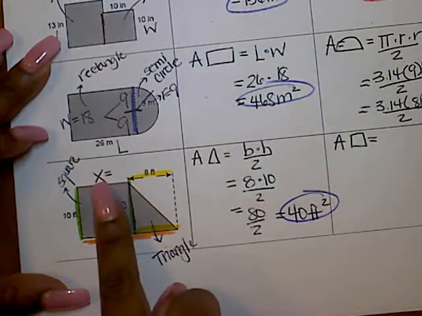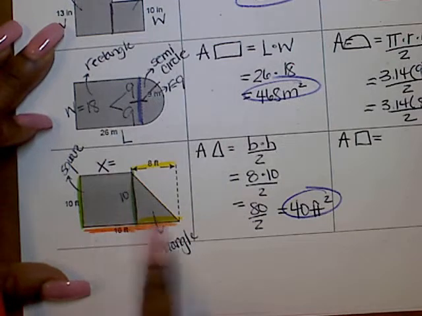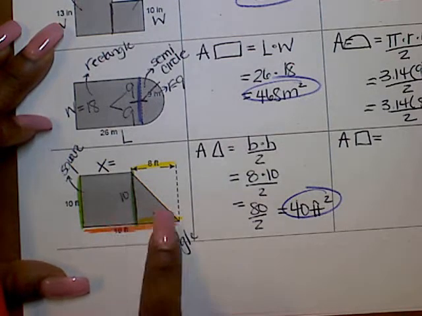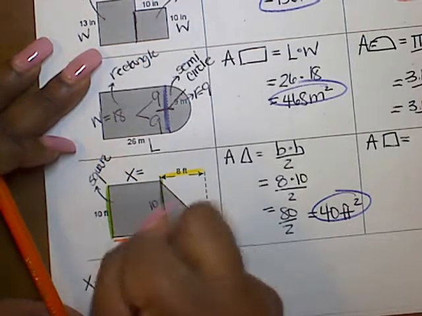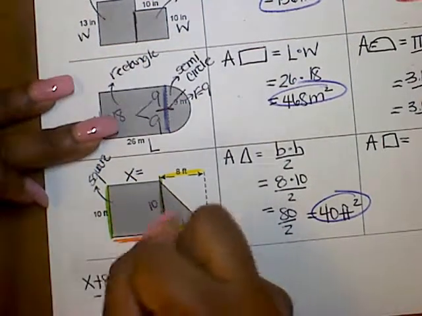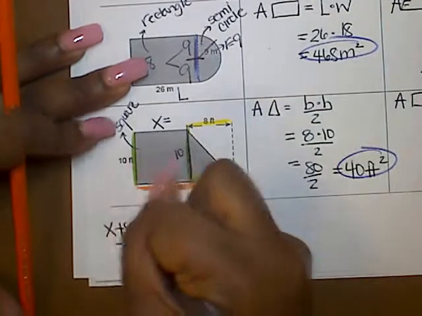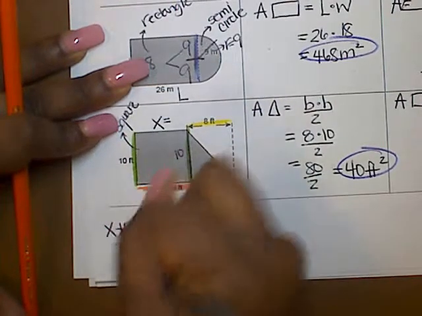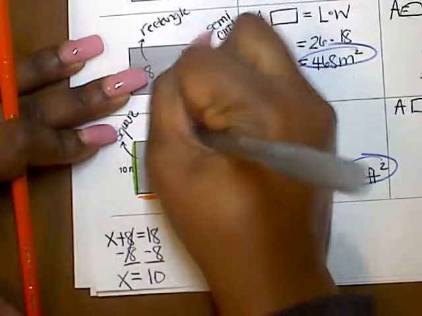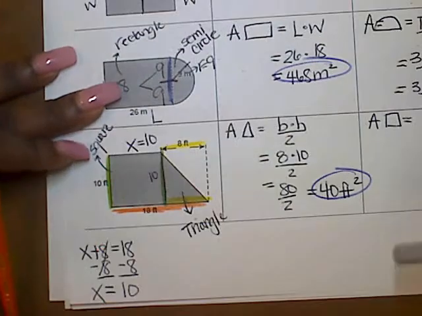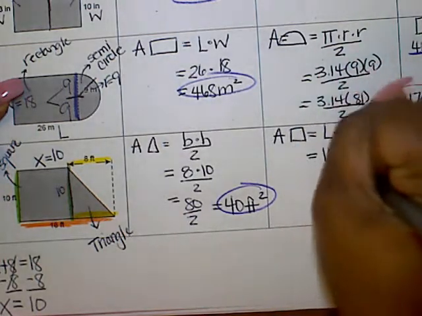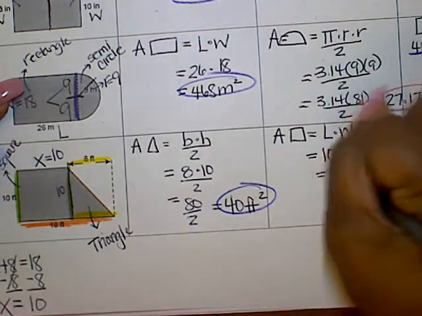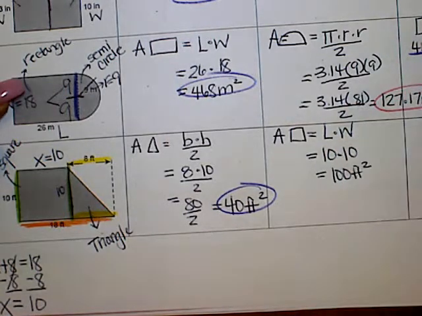So we need a number that when we add it to 8 will equal 18, the total here. So we know that x plus 8 equals 18. Subtract 8 from both sides. These cancel. X just equals 10. So this side here is 10, which is how we know it's a square. So this is just going to be length times width. It's going to be 10 times 10, and it's going to be 100 feet squared.